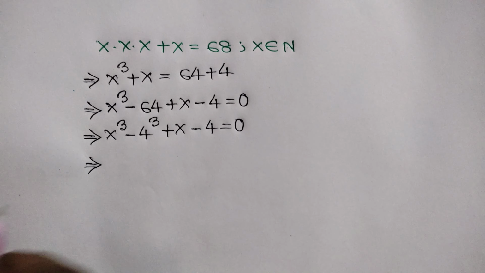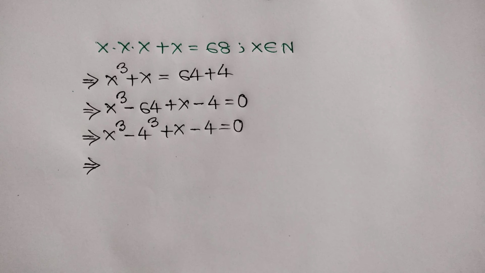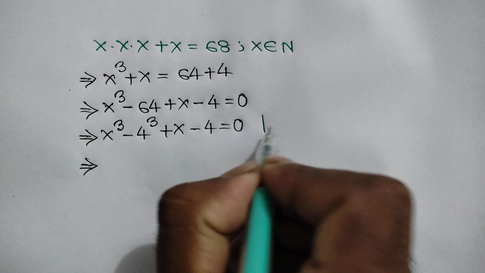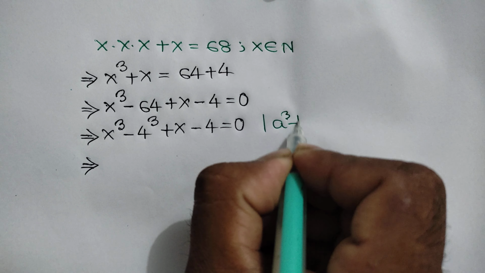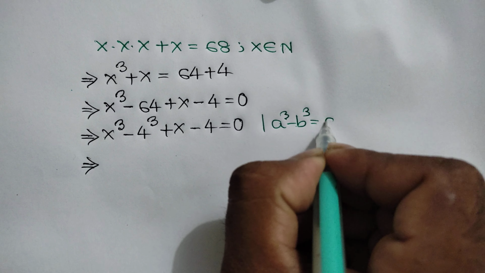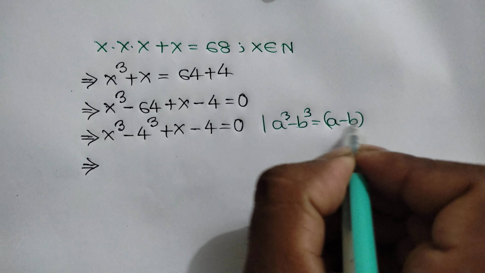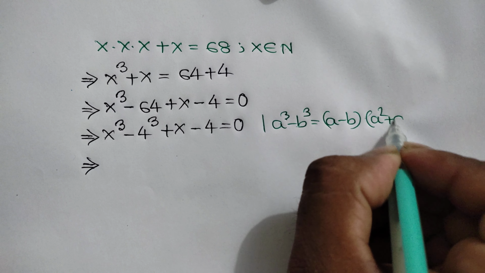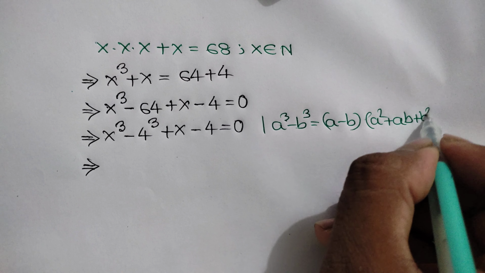Now we know an algebraic formula: a cube minus b cube is equal to a minus b times a square plus ab plus b square.